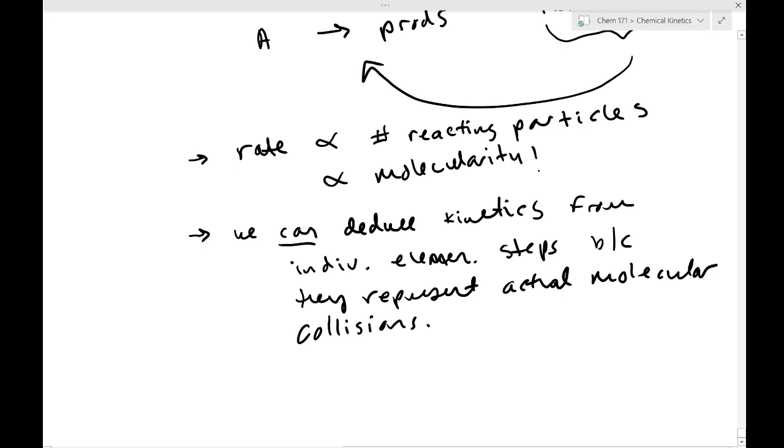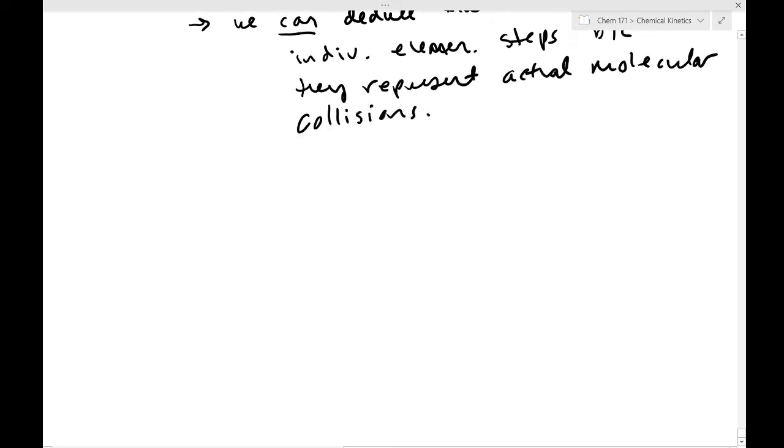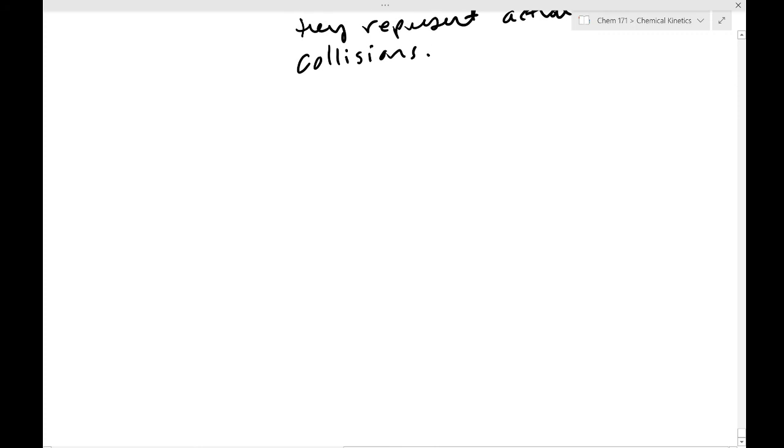Because of this, we can deduce the kinetics just by looking at the reaction itself. And this all comes from a theory called, crazily enough, collision theory.